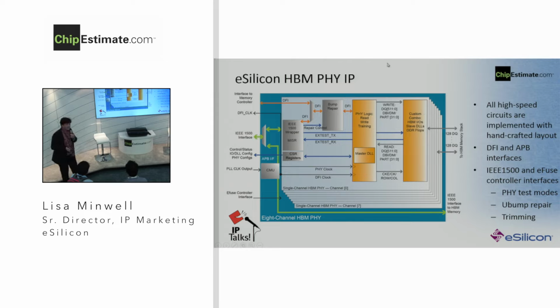So obviously it has the IEEE 1500, it has the micro bump repair, trimming, etc., all of the things that you would expect. This has been tested multiple times in silicon, and the way that we test it is we put it in a system with an HBM stack, and we test the PHY and its interaction through the interposer to the HBM stack.